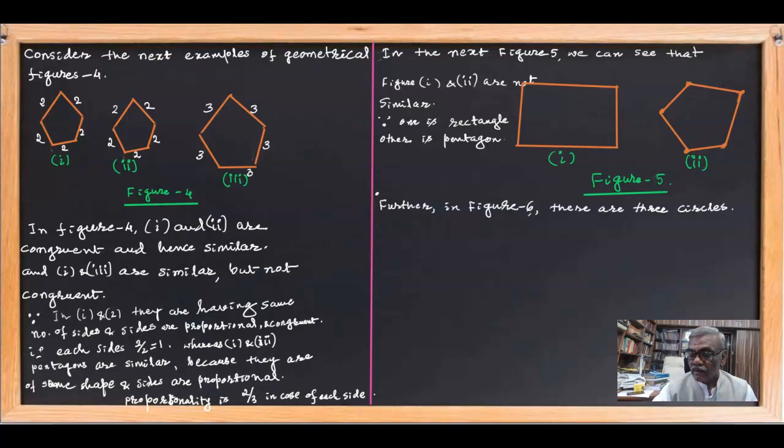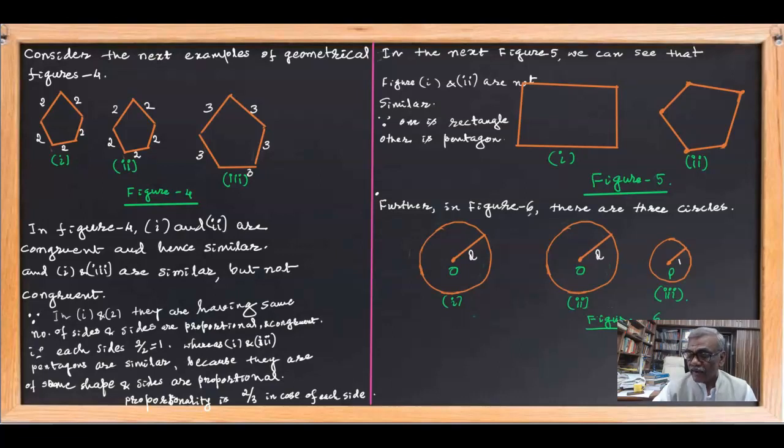In figure 6, there are 3 circles. You can see the 3 circles here. And here circles 1 and 2 are congruent. Why are they congruent? Because they have the same radius.